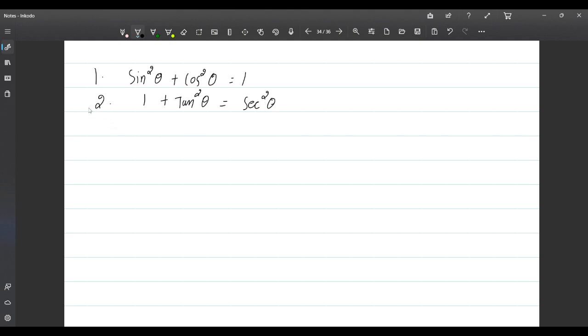Third one is 1 plus cot square theta is equal to cosecant square theta. These are the formulas that we are going to use in this topic.